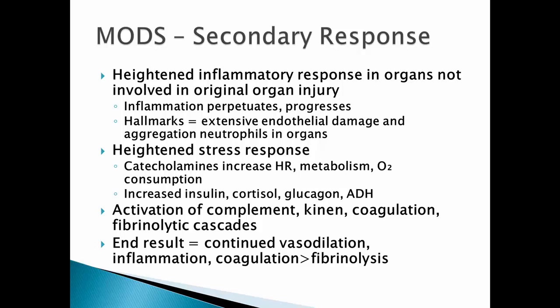Additional activation of complement, kinin, the coagulation cascade, and the fibrinolytic cascades become involved in multisystem organ dysfunction. So the end result of this multiple organ dysfunction is continued vasodilation, continued inflammation, and coagulation that occurs in excess of any normal fibrinolytic pathway.